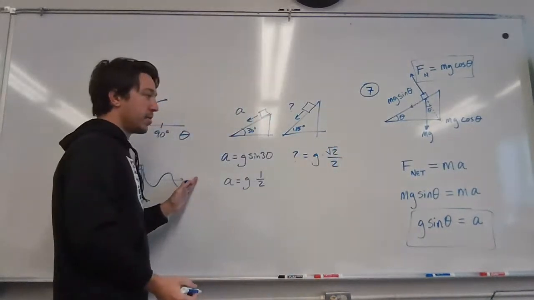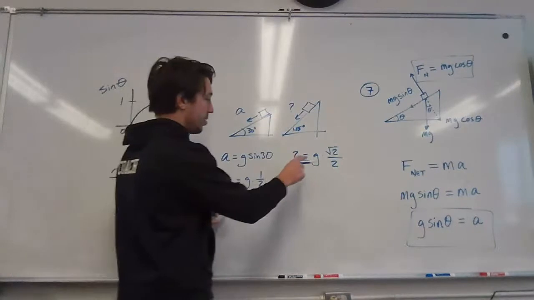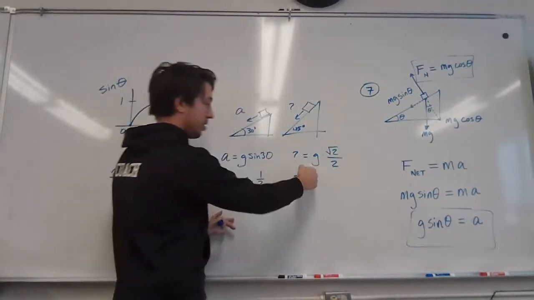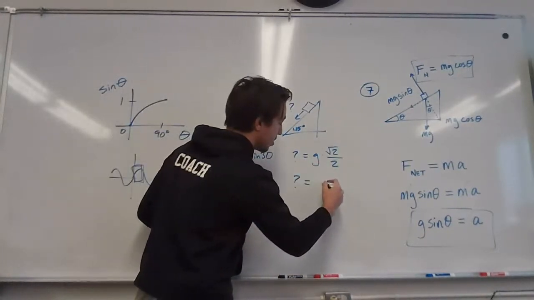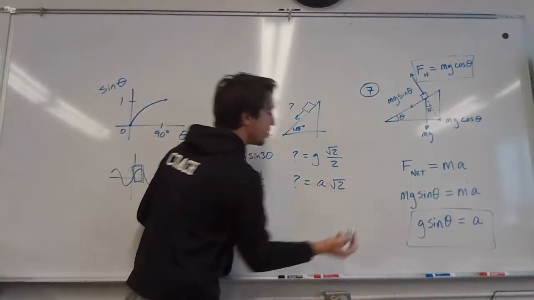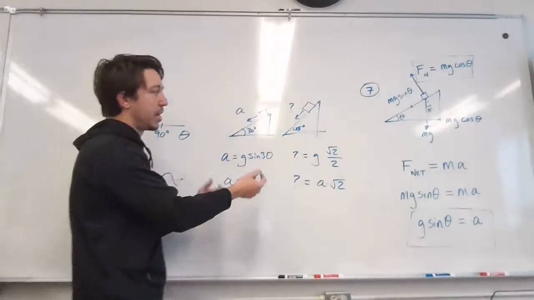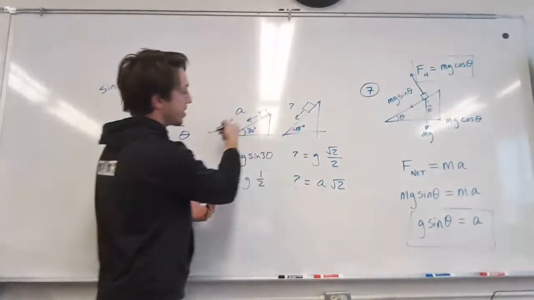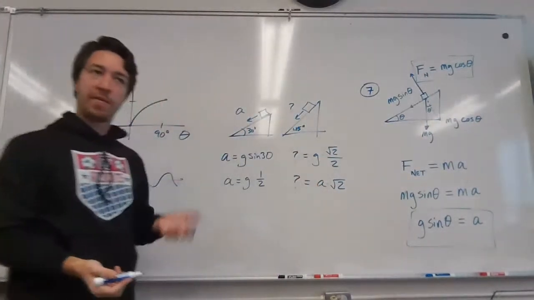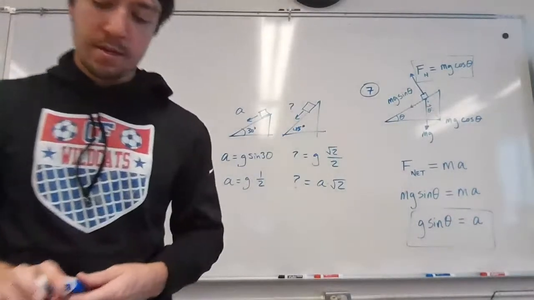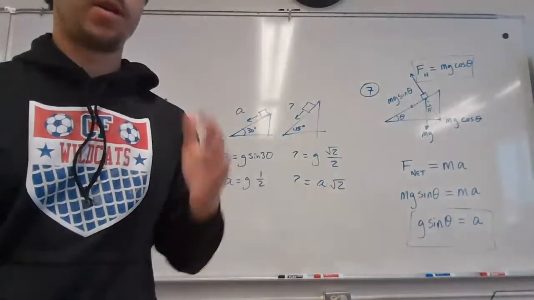And then you'd figure out what the difference is. Well, this one is this guy times the square root of 2. Does that make sense? Through a substitution. So you'd say, okay, this guy is bigger than this guy by a factor of root 2, which is about 41% larger, because root 2 is 1.41, roughly.